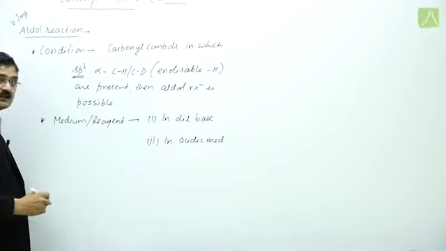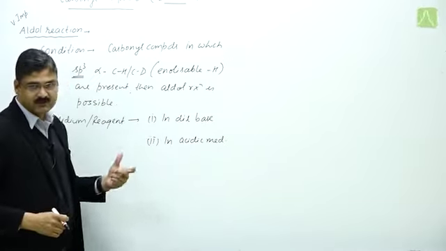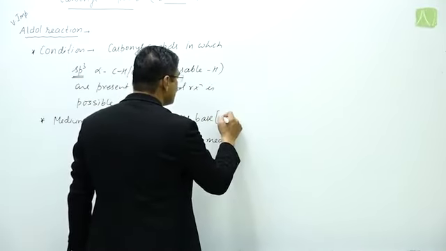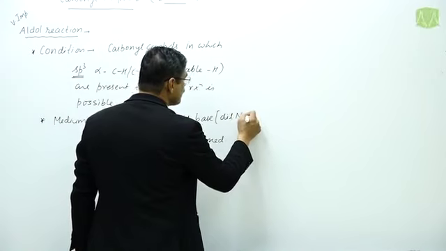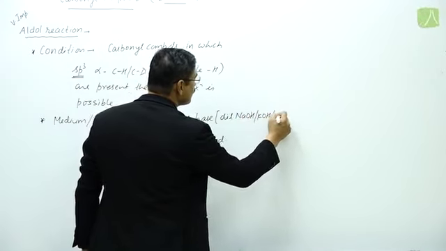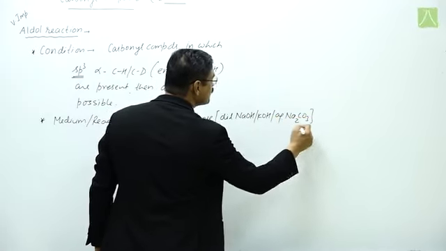Dilute base you can take NaOH, KOH, aqueous Na2CO3, aqueous K2CO3. There are many types of base. So I write here some examples: dilute NaOH, KOH, aqueous Na2CO3, K2CO3, etc.